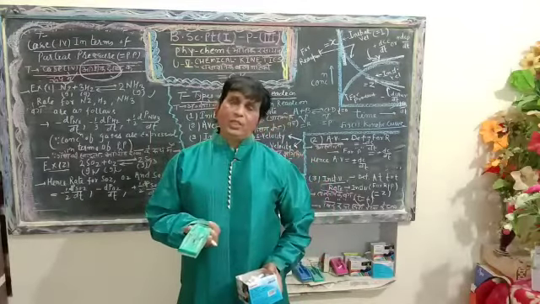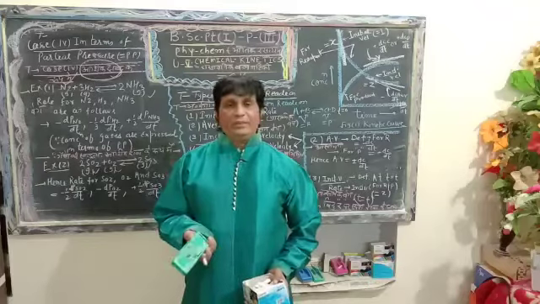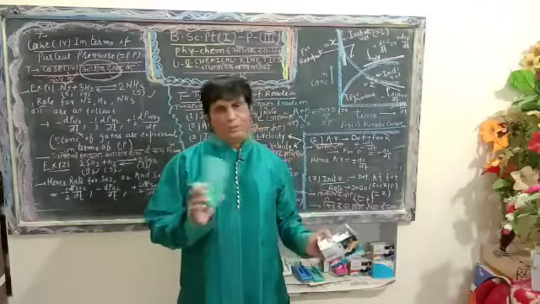The rest of the postulates are written as such: a negative sign for reactants and a positive sign for products.